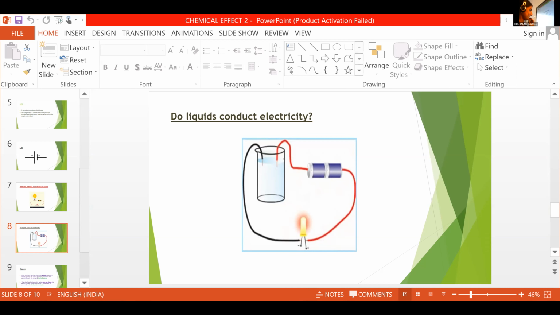Oil. Honey. Diesel is a liquid. Dishwasher liquid. Blood. These are all liquids. So in this chapter, we have to discuss mainly whether liquids conduct electricity.